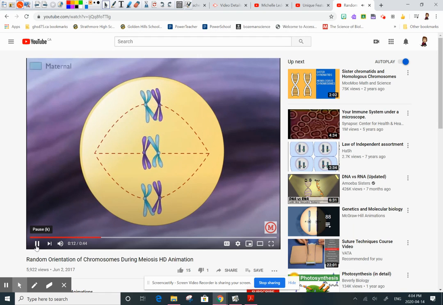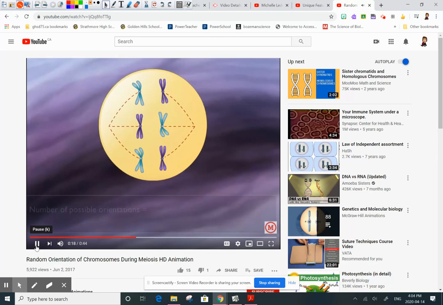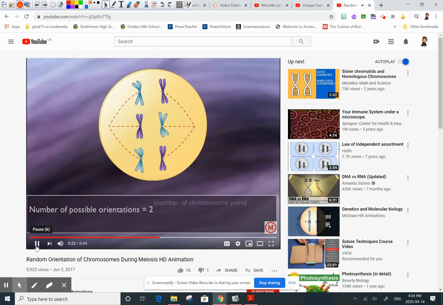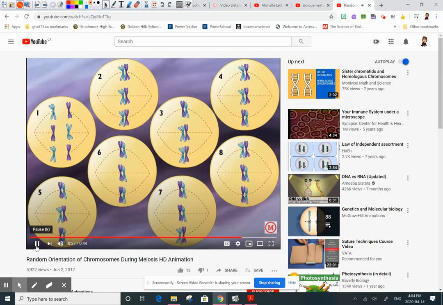Either the maternal or paternal homolog may orient toward a given pole. The number of possible chromosome orientations equals 2 raised to the power of the number of chromosome pairs. In this hypothetical cell with 3 chromosome pairs, 8, 2 to the 3rd, possible orientations exist. Each orientation produces gametes with different combinations of parental chromosomes.